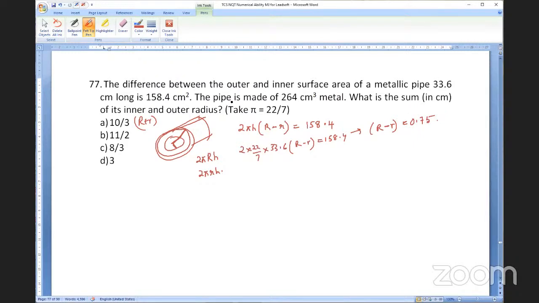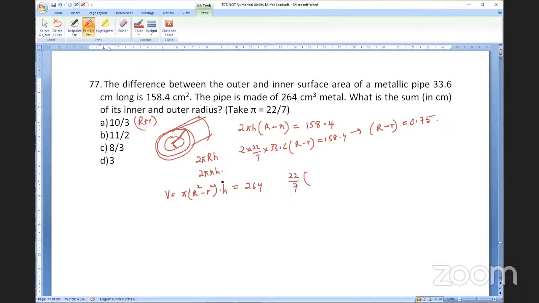Done. Now, the pipe is made up of 264 centimeter cube metal. The volume of a pipe is normally pi r square h. The volume of a hollow pipe would be pi (R square minus r square) into h. That is given as 264. So instead of pi, I am writing 22 by 7.